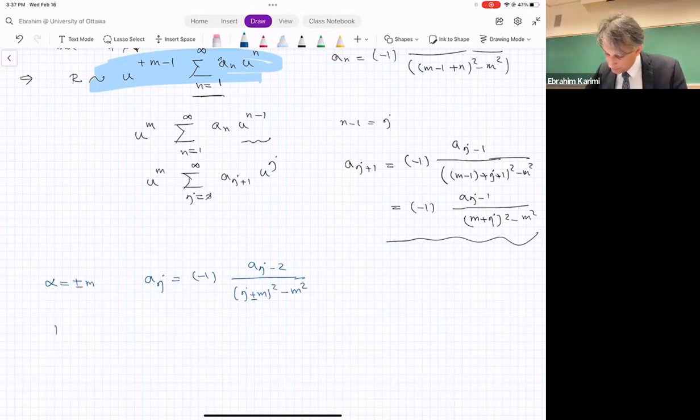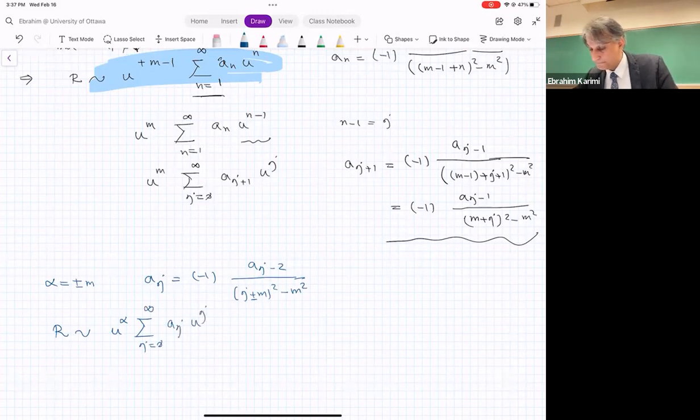And the series that we have as a solution will be u to the power of alpha, summation of j starting from 0 to infinity, aj u to the power of j. Okay.